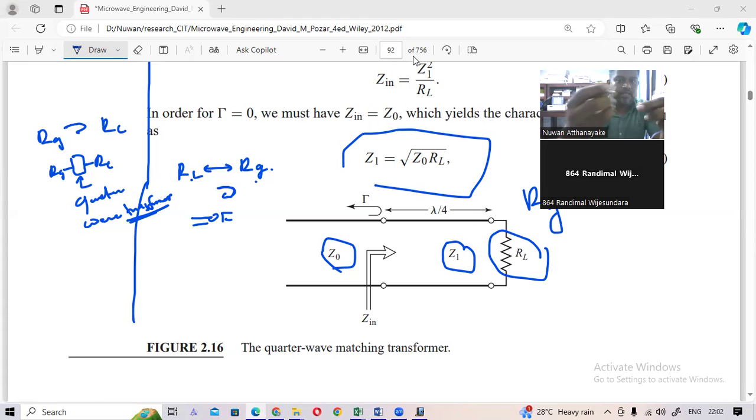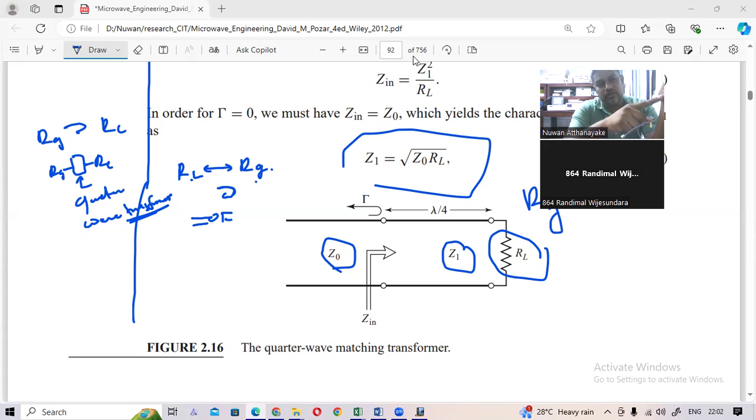This amplifier, so you have to give some power here. Otherwise, this is not working because amplifiers are normally active. Let's say this is your generator, then you can get a signal from the generator.